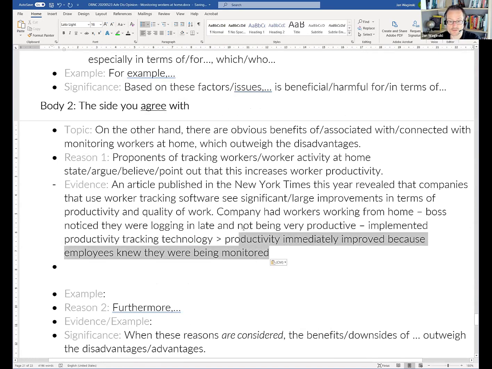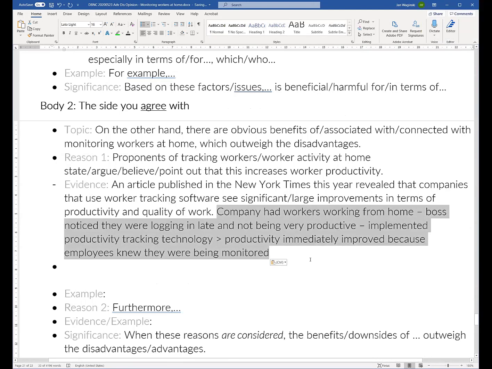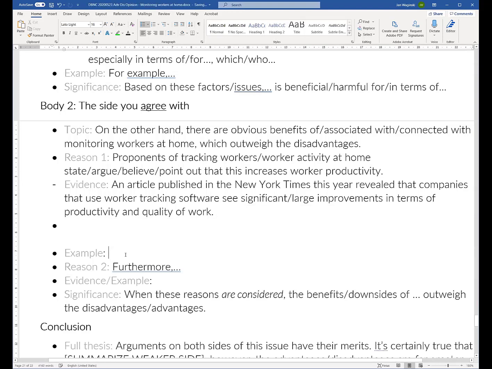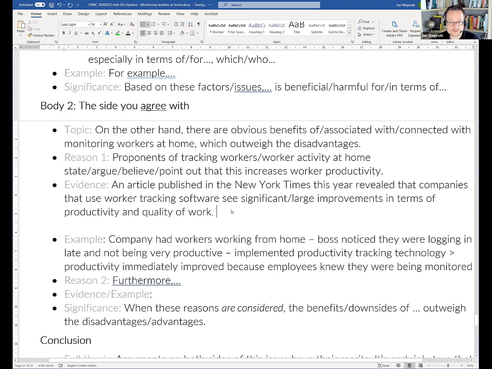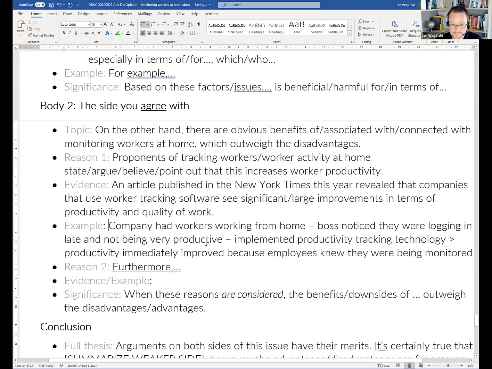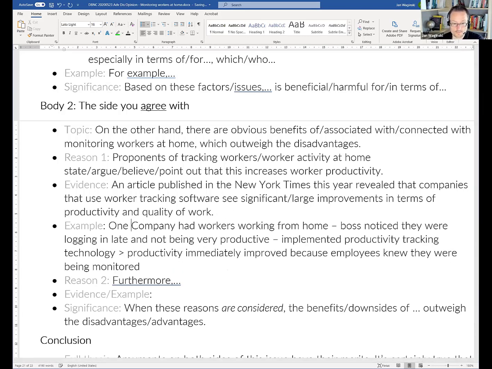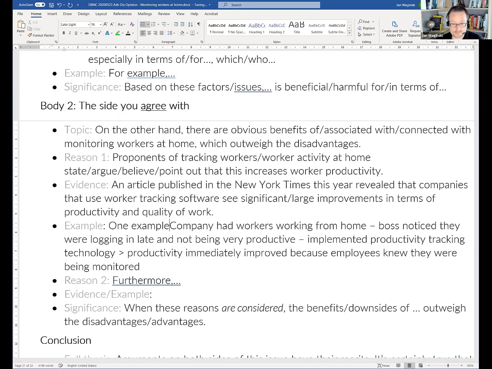Okay, so you need to transform this into proper sentences. Company had workers working from home. Boss noticed that they were logging in late and not being very productive. Okay. Here, I'll put it in here. That's our example. One example in the article.